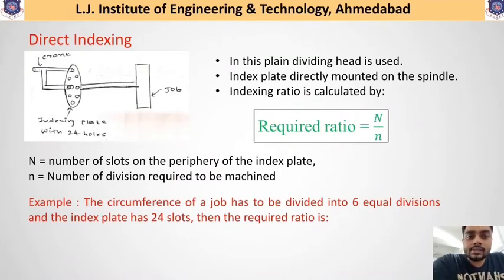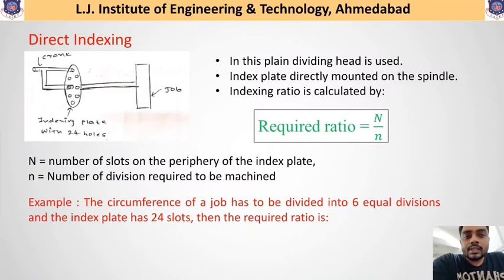Just try to solve it and then compare here. What is capital N? Capital N is the number of slots on the periphery of the index plate, so capital N is equal to 24. Similarly, the number of divisions required on the workpiece is 6, so small n is equal to 6.